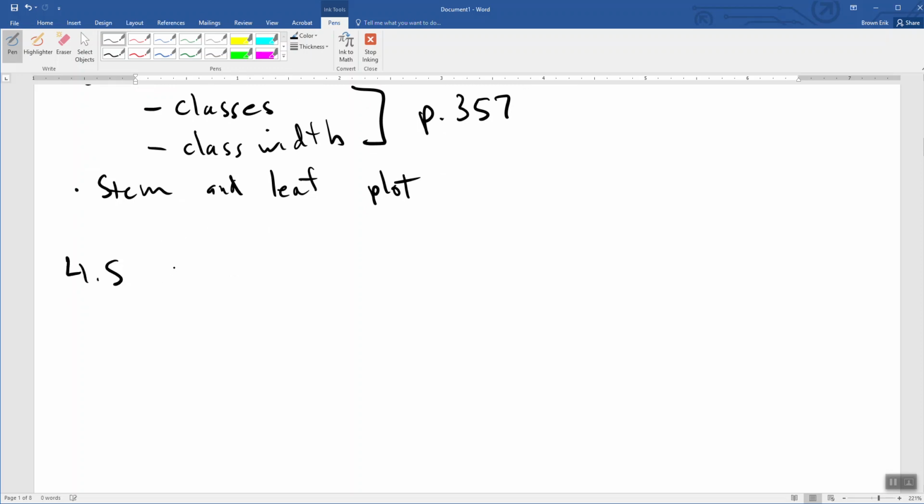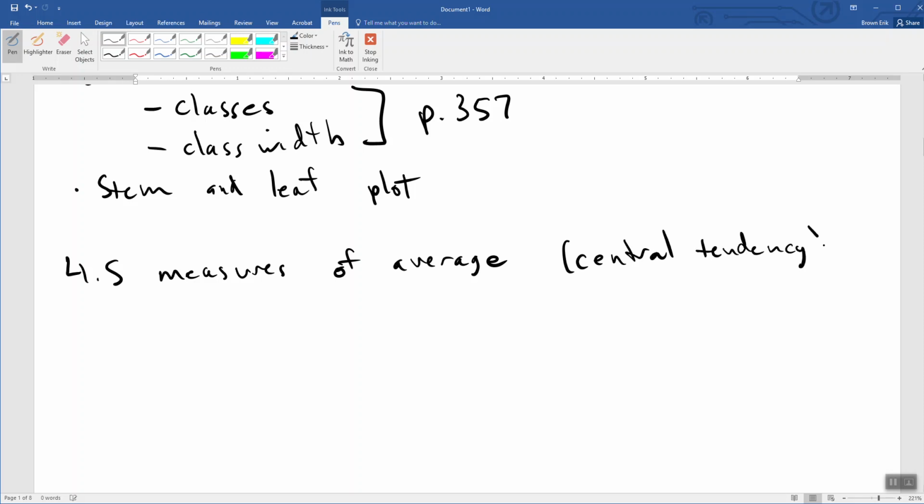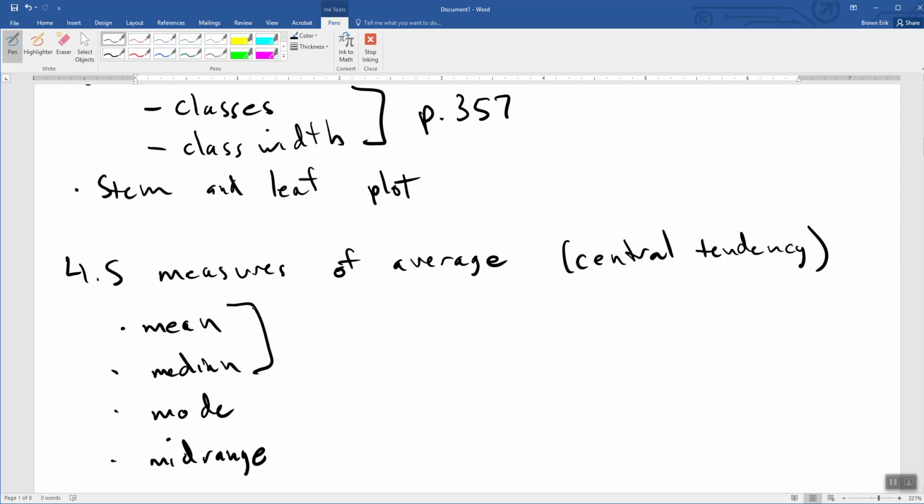4.5 were measures of average, also known as central tendency, or the middle. There are 4 that you need to be able to, quote, calculate: the mean, the median, the mode, the mid-range. Desmos will do these 2 without a formula.